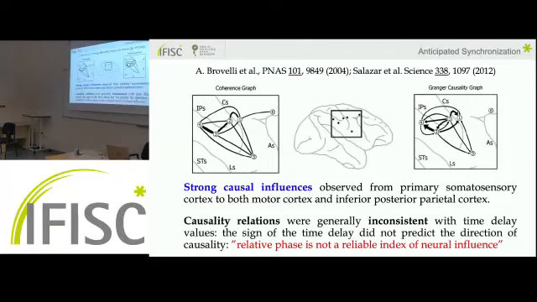And they concluded that the relative phase between the two populations is not a reliable index of neural influence. This is exactly what we wanted to find: two populations that are coupled in one direction, but the receiver is activated before the other one. And that is what you compute with the sign of the delay. The delay is negative because the receiver population activates before the sender one. But if you compute the Granger causality, which measures the directionality of the flow, it gives you the correct direction.